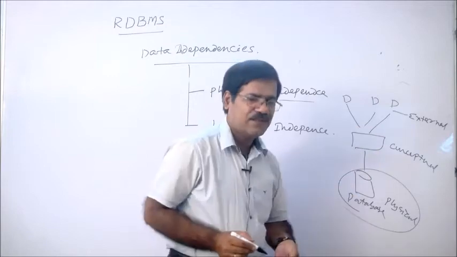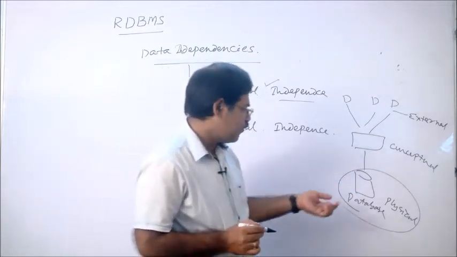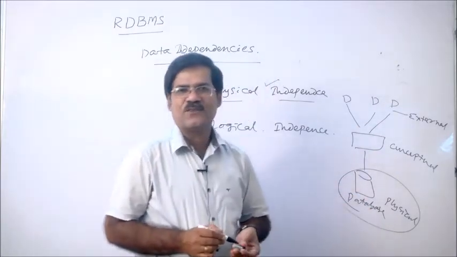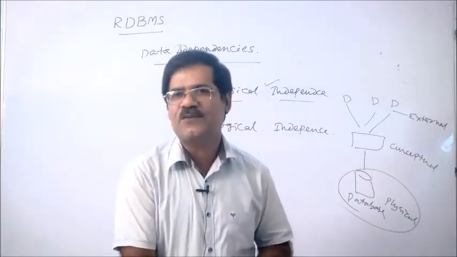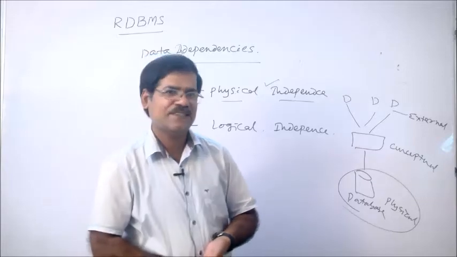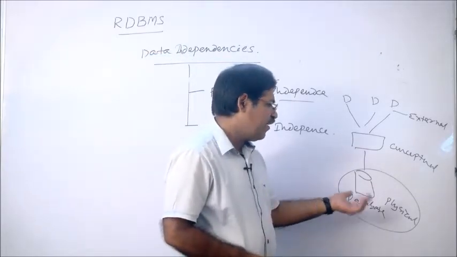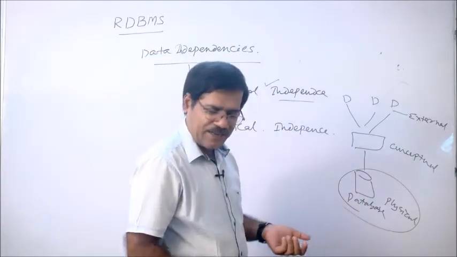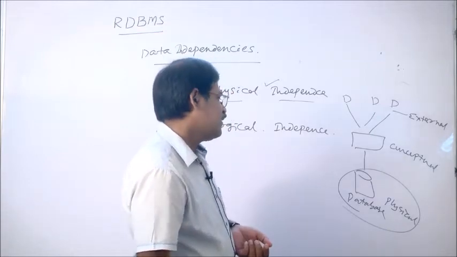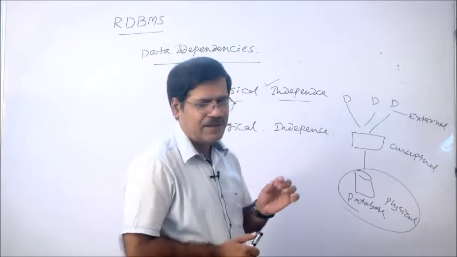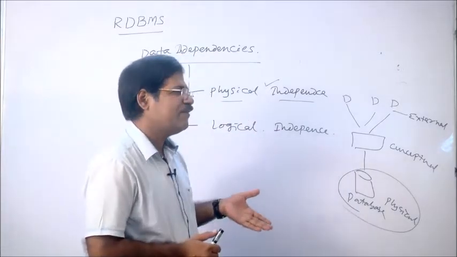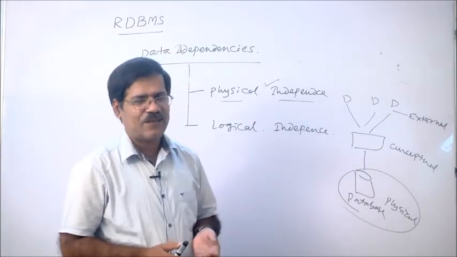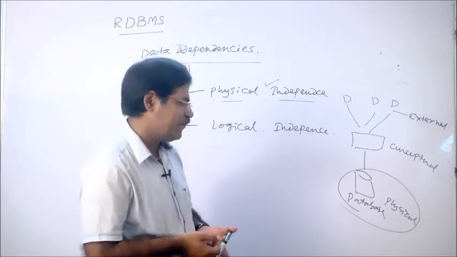the upper level. That means suppose where the actual data is stored in a database, obviously there must be some storage medium required, that is called a physical device. It may be a hard disk or some disk required for storing the data. Suppose the storage medium has some size, if it is full, I want to make a change. I want to increase the storing capacity.